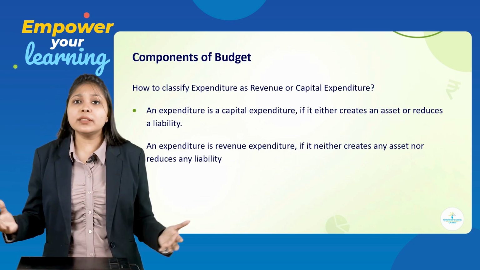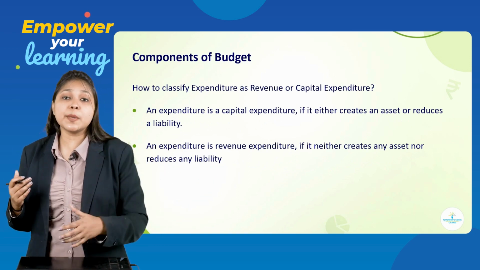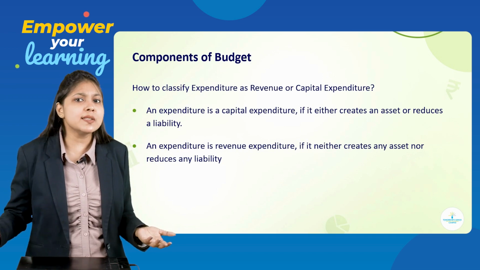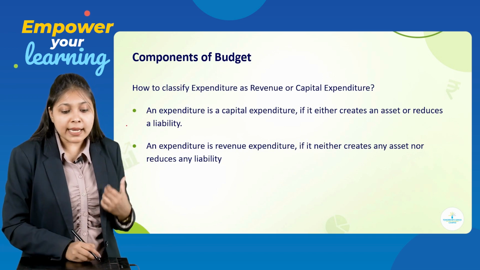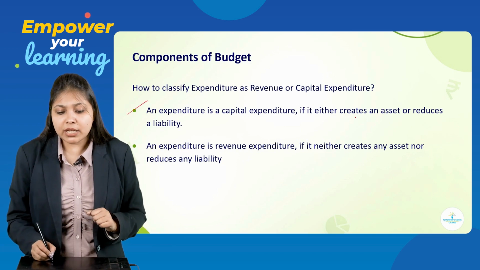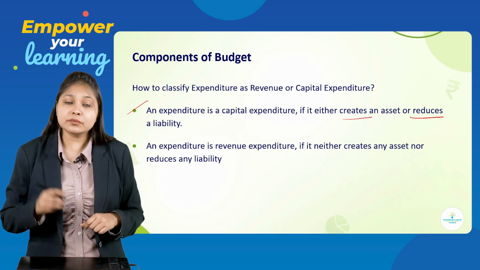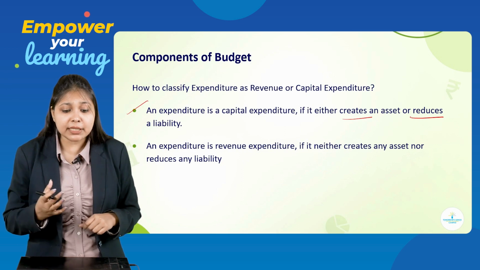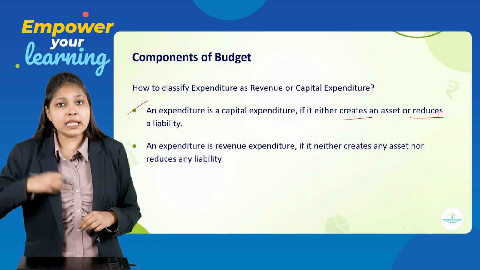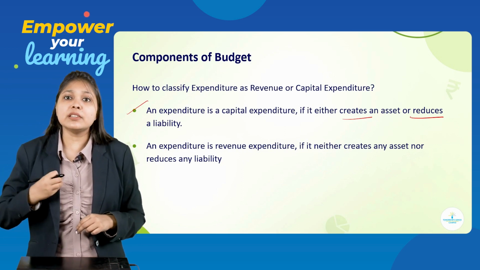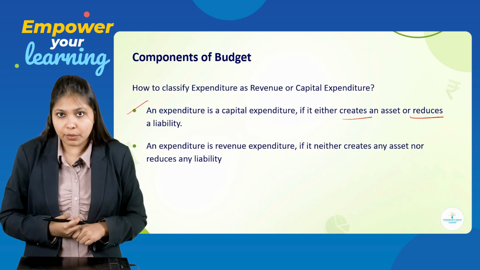On the basis of what can you understand which expense is a revenue expenditure and which expense is a capital expenditure? An expenditure is a capital expenditure if it creates an asset or reduces a liability. An expense will be called a capital expenditure if it is creating any asset or if it is reducing the liability of the government.